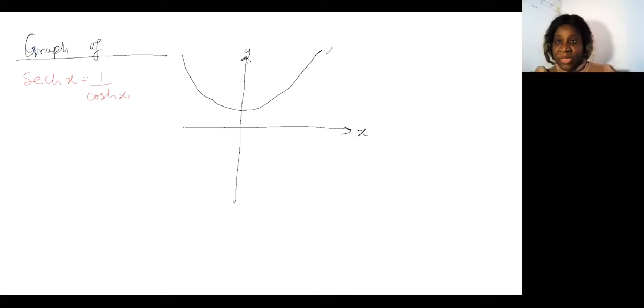Okay, y is equal to cos x. 1 over cos x would be y is equal to 1 over cos x. Well, the only thing there is, let me use a different color. Sorry, guys.